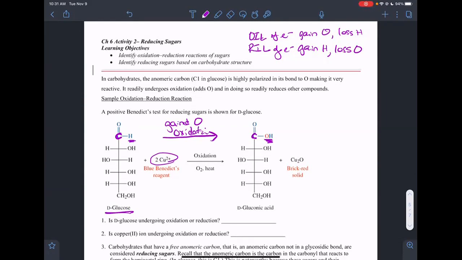If you look at the other substance, we started out with Cu2+, and we ended up with Cu2O. So what happened here? Well, see the oxygen here? The oxygen was picked up, number one, by the sugar, and it was picked up by the copper. So the question is, what happened to copper?